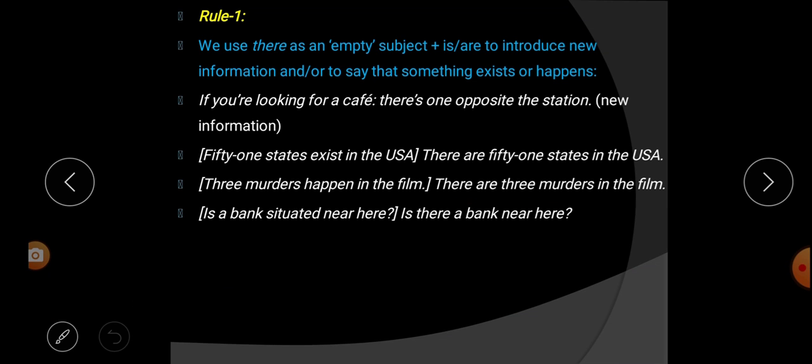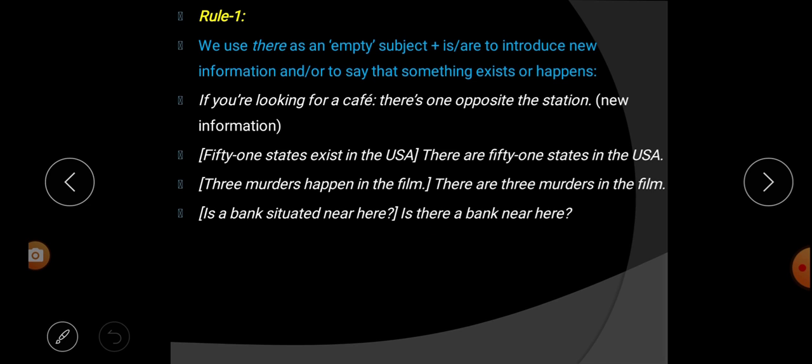Next sentence, is a bank situated near here? Look at the sentence now. Is there a bank near here? It is also what? Is plus there, then a bank near here. It is also information.